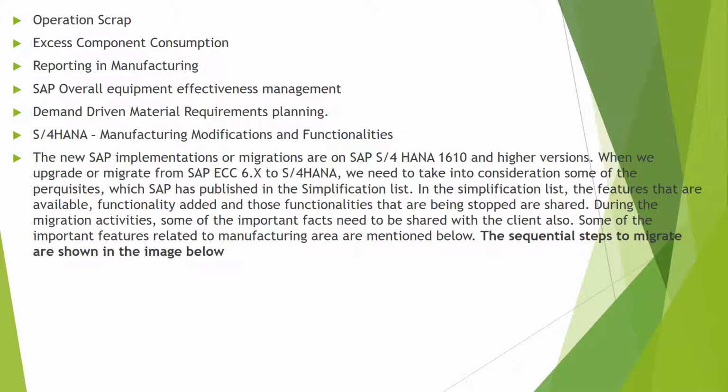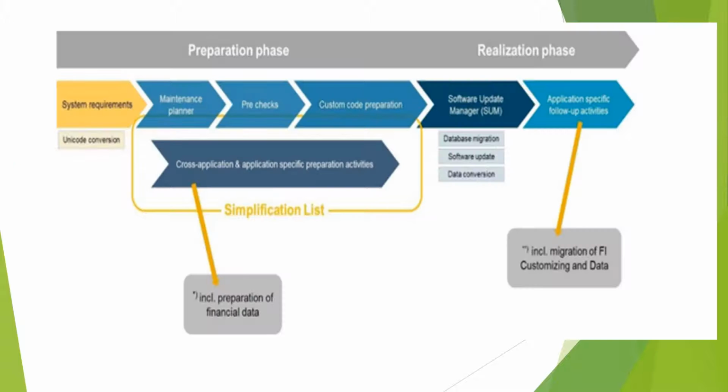I already discussed the MRP 1 view, MRP 2 view, and MRP 4 view, and the new MRP, all these things. So the sequential steps to migrate are in the image, and we are discussing that step by step. We have a preparation phase and a realization phase.